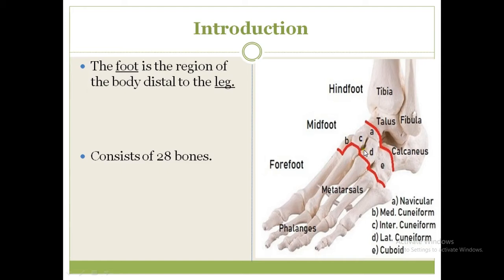In addition, the midfoot also contains the cuboid and the navicular bone. So altogether five bones form the midfoot. The forefoot is formed by the phalanges and the metatarsals, whereas the midfoot is formed by the three cuneiforms, cuboid, and the navicular bone.